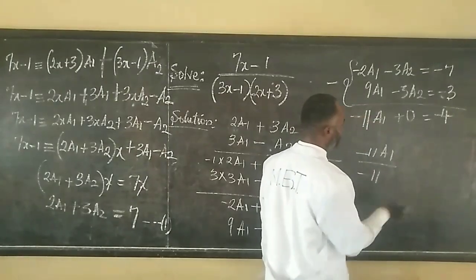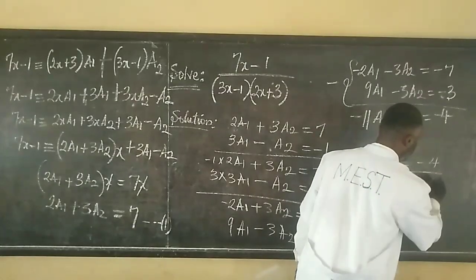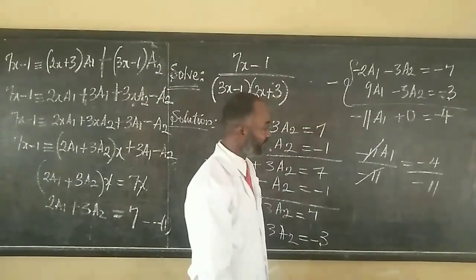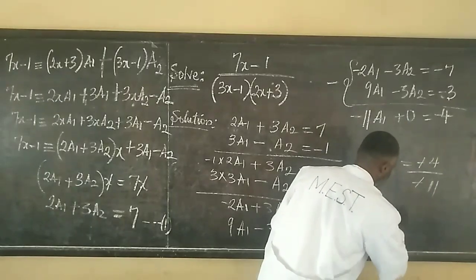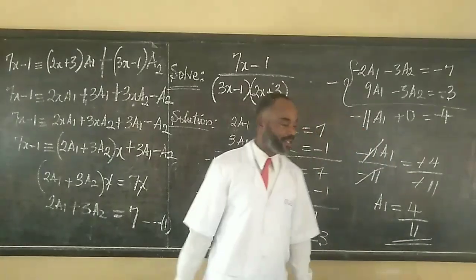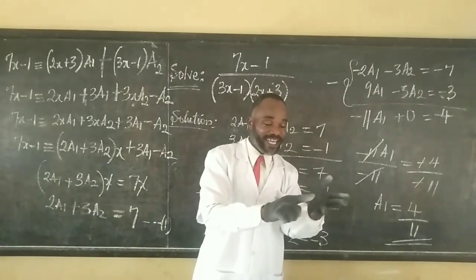Everything is cancelling out at this point. Is equal to minus 4 all over minus 11 again. So what happens here? This will take care of this. And finally, this will cancel this. A1 is equal to 4 all over 11. Solved.